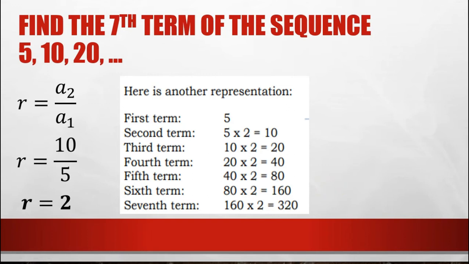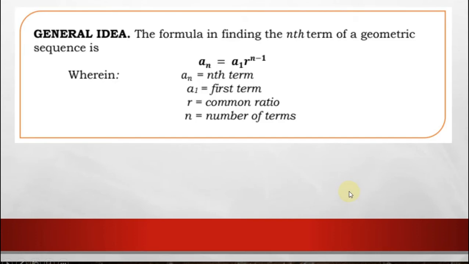Okay, so let me introduce to you a formula para hahanapin yung mga nth term ng given sequence or geometric sequence. The formula in finding the nth term of a geometric sequence is a sub n is equal to a sub 1 times r, or the common ratio, raised to the power of n minus 1.